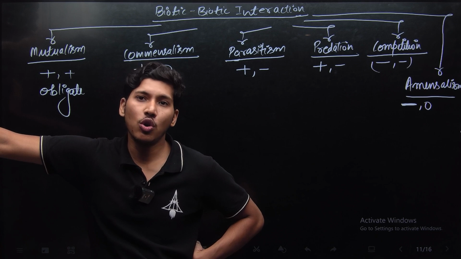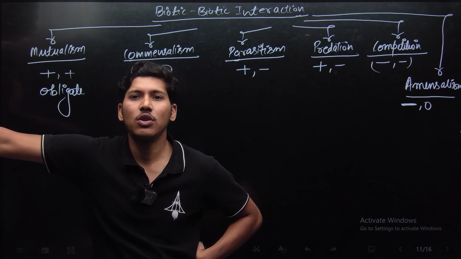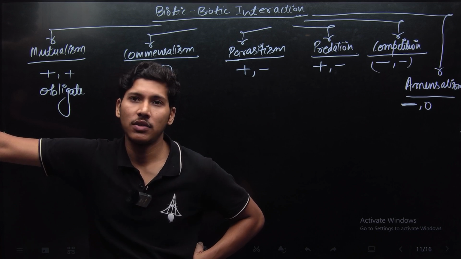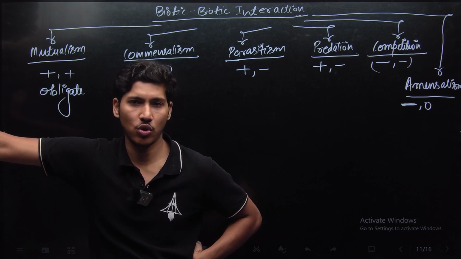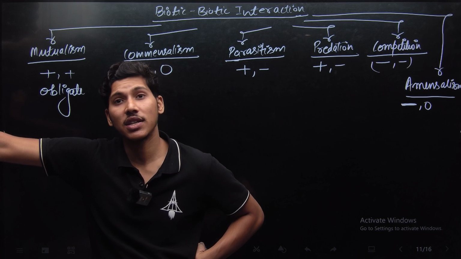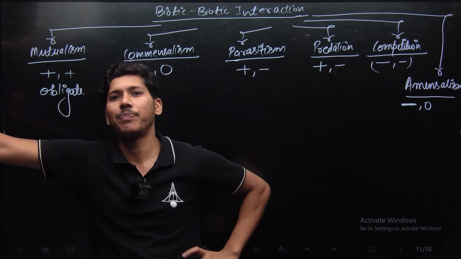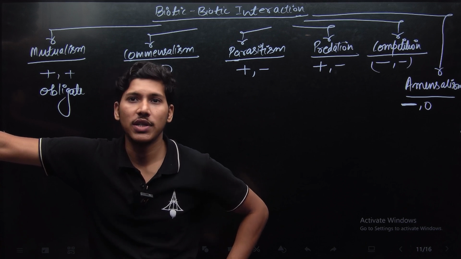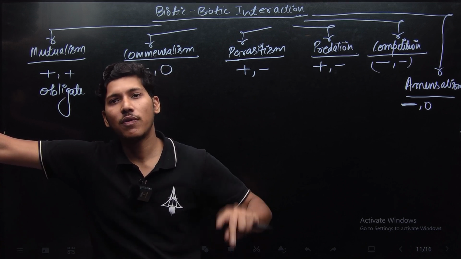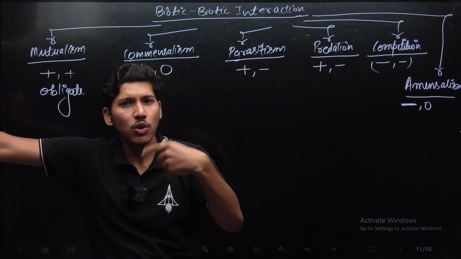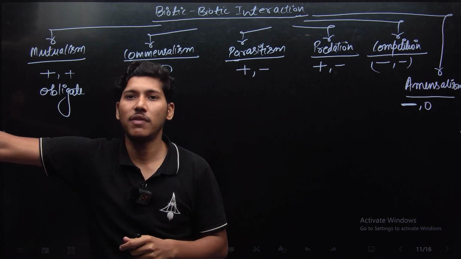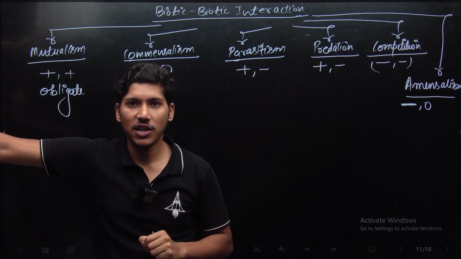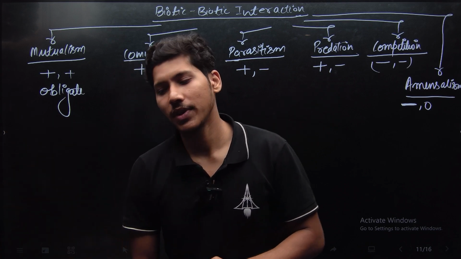If you haven't studied that example, then I think you will not be able to mark those questions correctly if such questions are asked from the example part of this topic. So you should study the examples of all these interactions from your NCERT. We don't have much time, that's why I'm not trying to cover all those examples. I'm just giving you an overview of what kind of interactions these are. Okay, clear? Let's move ahead.